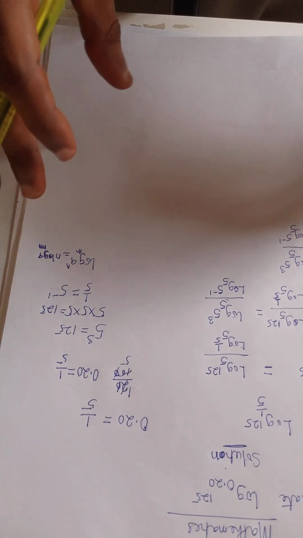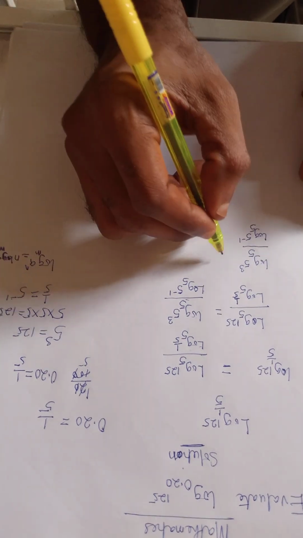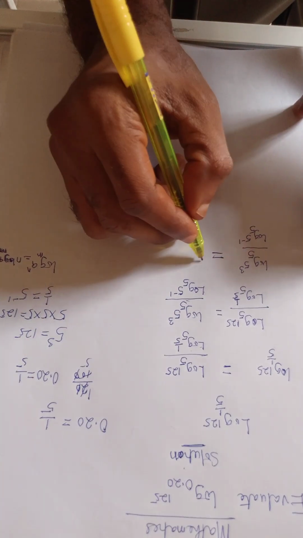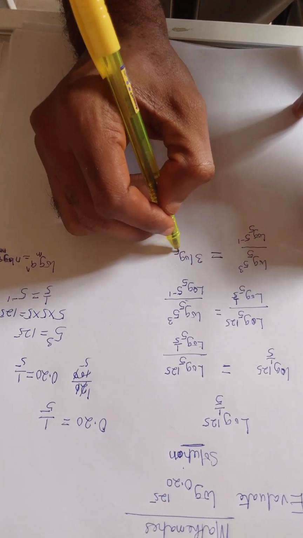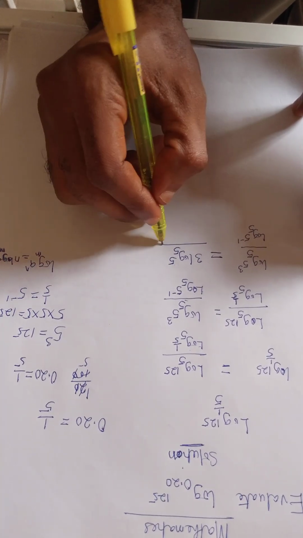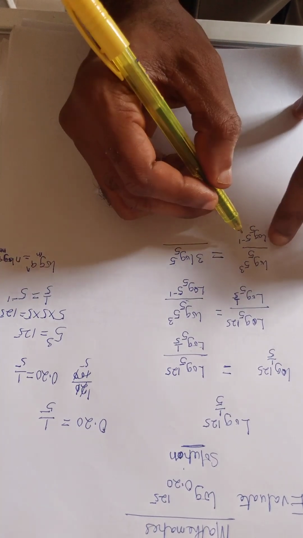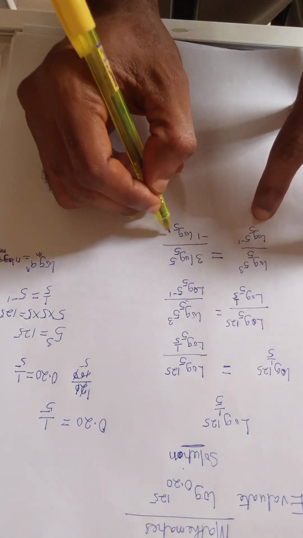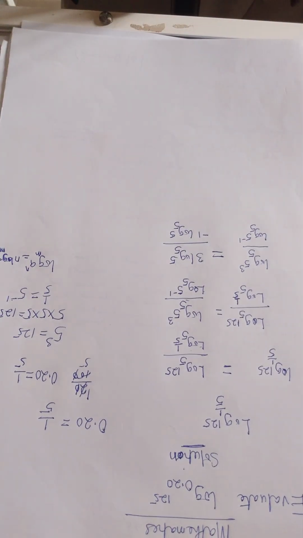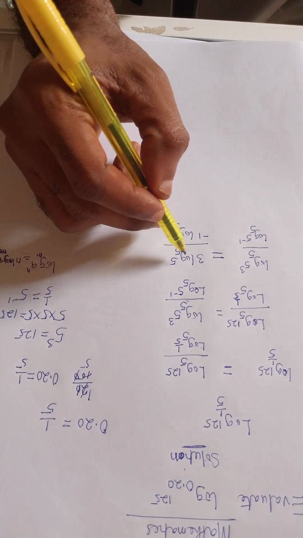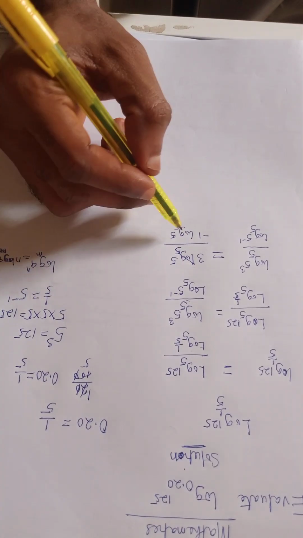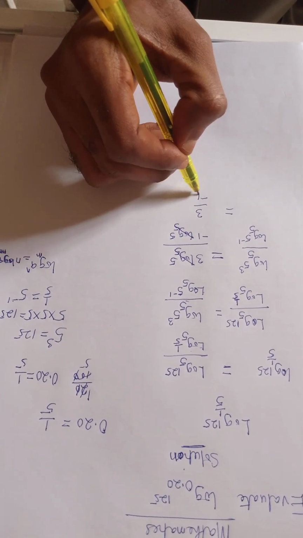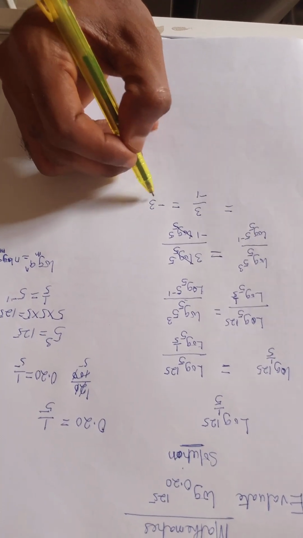So we apply that here: the 3, the power, now multiplies here, so we have 3 log base 5 of 5 all over minus 1 log base 5 of 5. And we can see that log base 5 of 5 can cancel out in both places. So we are left with 3 over minus 1, which is equal to minus 3.